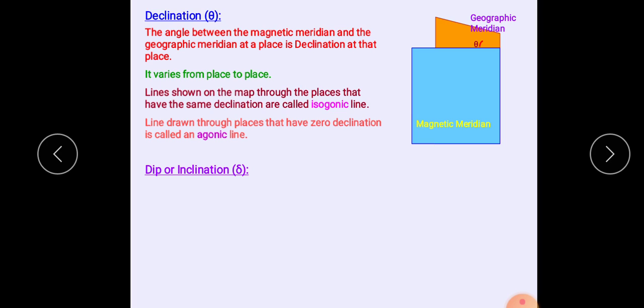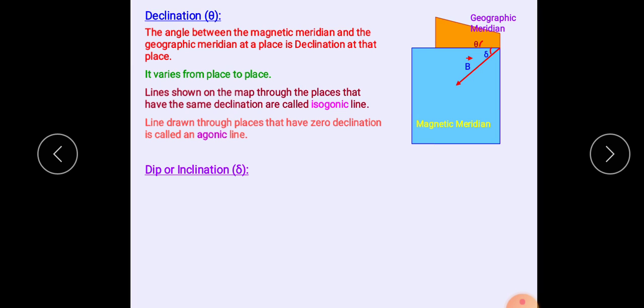Dip or inclination. This is the second important term related to Earth's magnetism. It may be defined as, now you can see, just observe again. There is a magnetic field in the magnetic meridian.